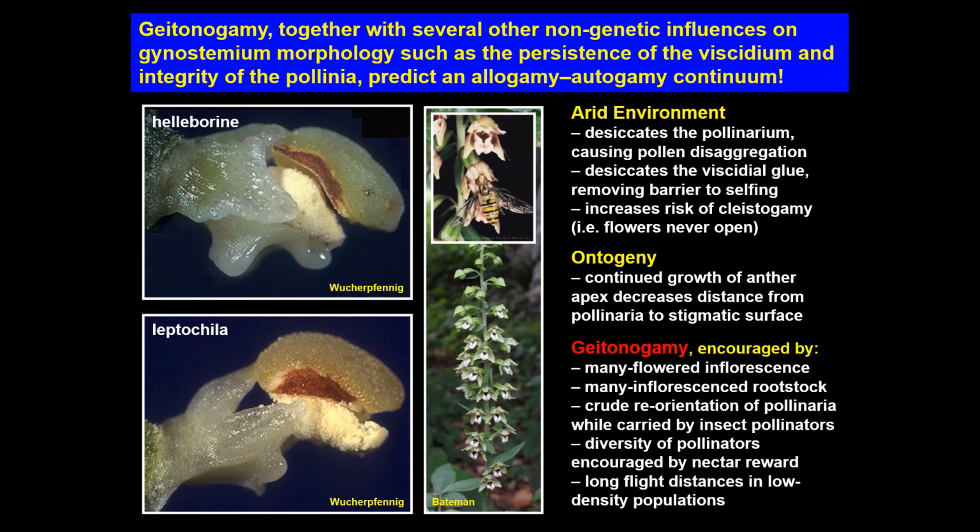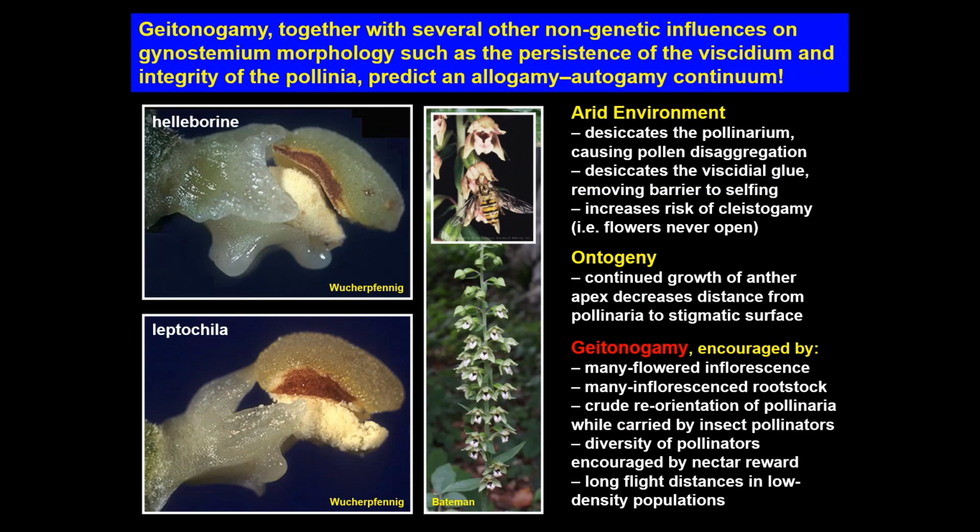And then lastly, and the focal point of this part of the talk, is geitonogamy, which is pollination of different flowers on the same inflorescence, which has the same genetic consequences as pollinating the same flower. That's encouraged by having a many-flowered inflorescence, so the insect has to work systematically up that inflorescence.